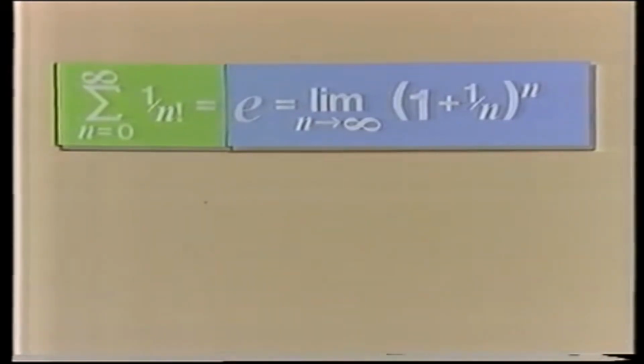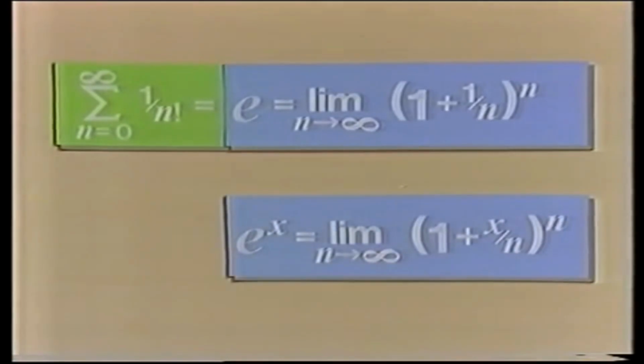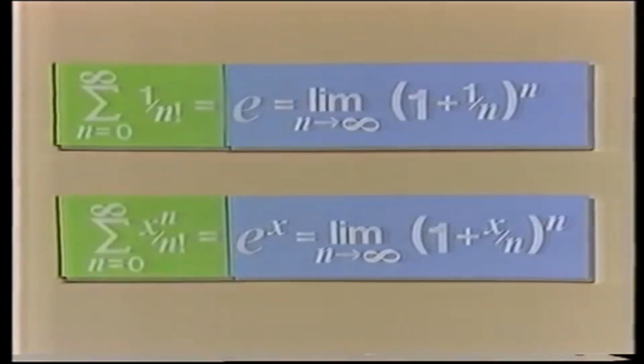Remember that in the last program we modified this definition of E to define e to the x as the limit of the sequence 1 plus x over n to the n. And you can modify our series definition of E to show also that e to the x is sigma x to the n over n factorial.